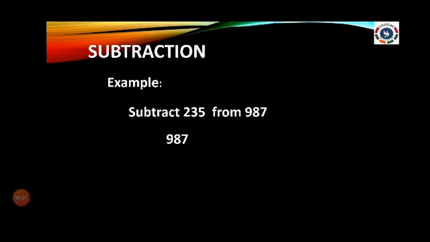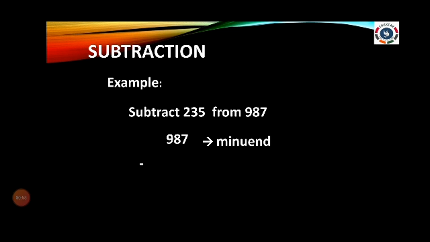So you have to write the biggest value first. Then the second number should always be smaller. So which is the smaller here? 235. So write the first number, the biggest one, 987. That number we call the minuend. So the first number is always called the minuend.